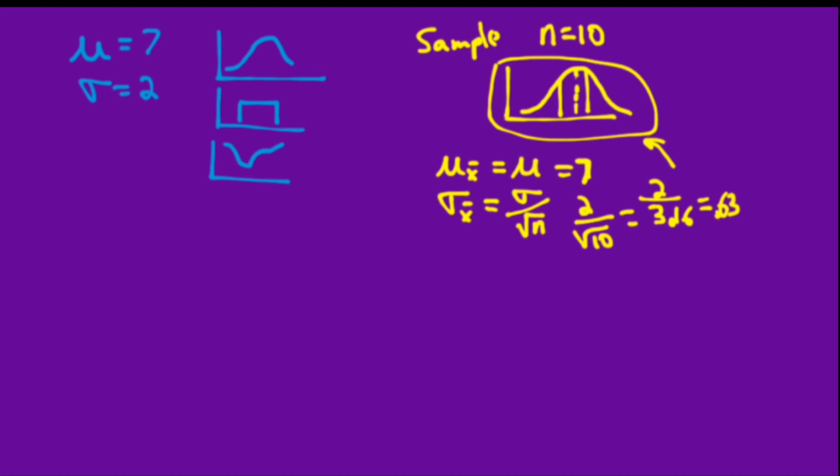And so all that's left to do to calculate ranges here is to follow the same path we did earlier when we dealt with the population. And that revolves around the z-score. Right?